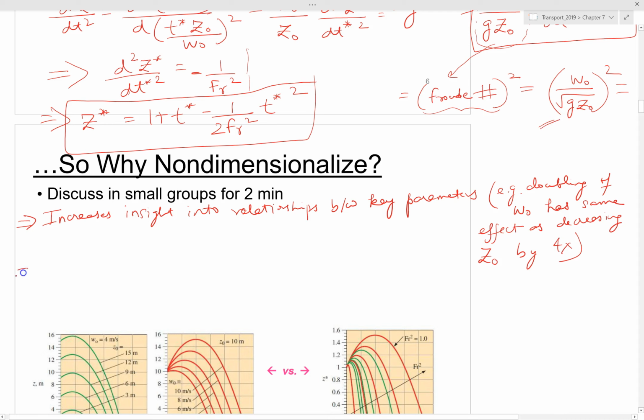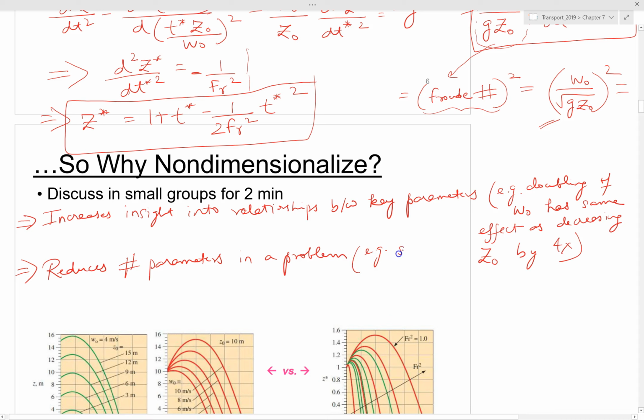The other advantage of non-dimensionalization is that it basically reduces the number of parameters in a problem.